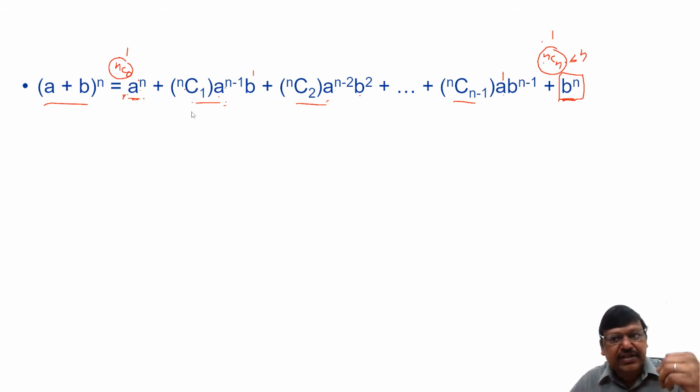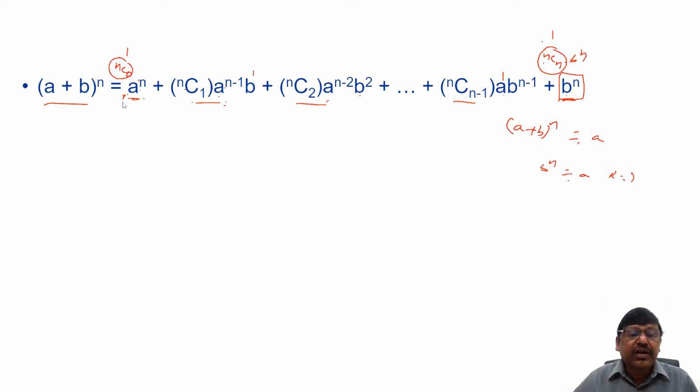So when (a + b) whole power n is divided by a, what is the remainder? I have to just check b power n divided by a. In all other cases it is divisible by a, so the remainder is 0.